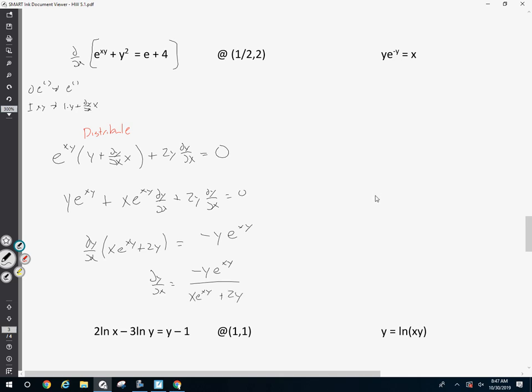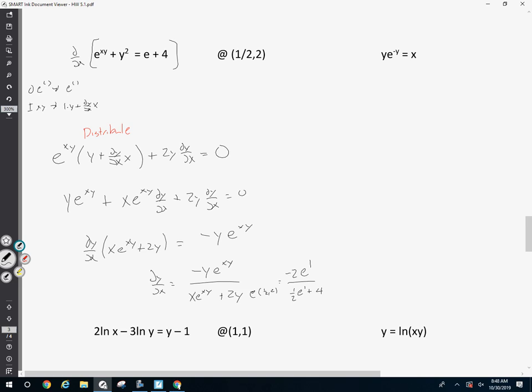Okay. At 1/2, 2. Great. I get negative 2e to the 1/2 times 2 is 1 over 1/2 e to the first plus 4. Could I simplify this? I'm sure I could, but that's it.